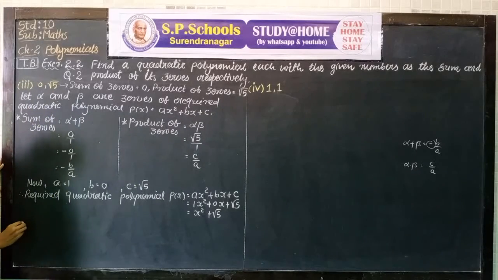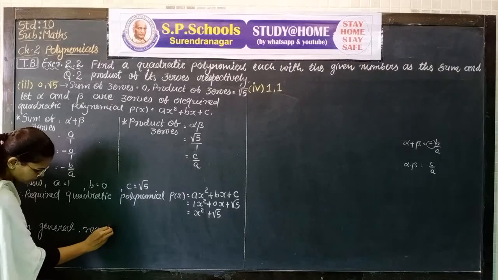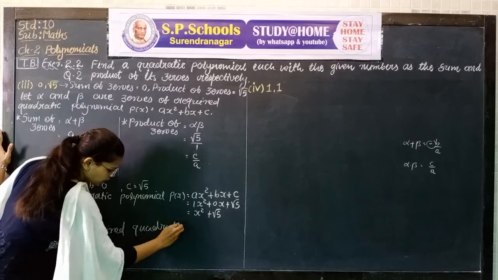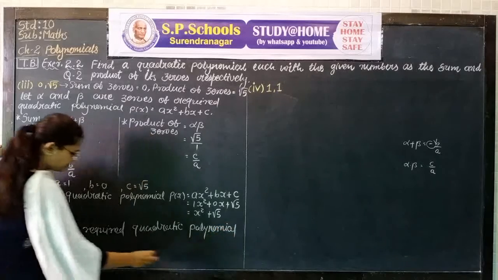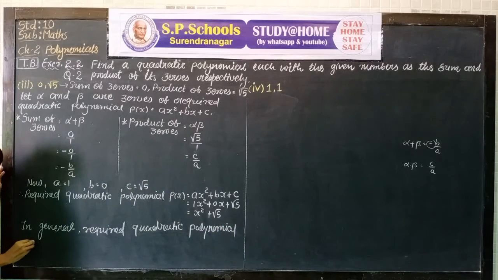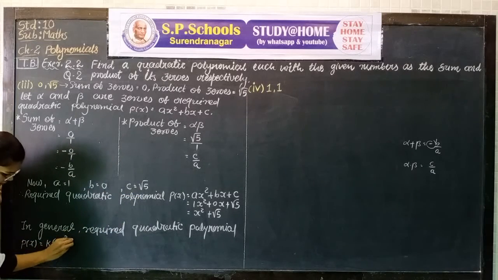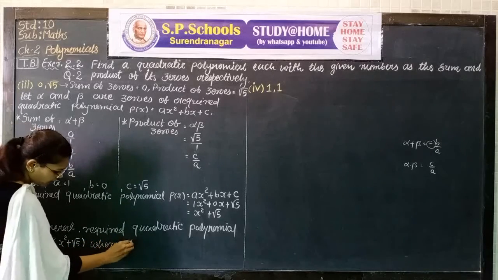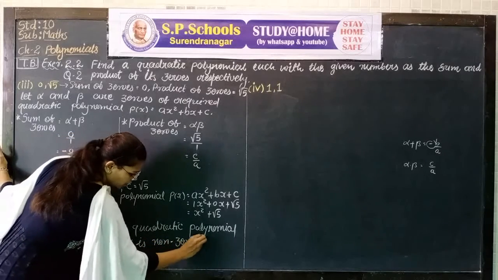As we know, in general, the required quadratic polynomial p of x is equal to k into the bracket of this polynomial x square plus root 5, where k is a non-zero integer.